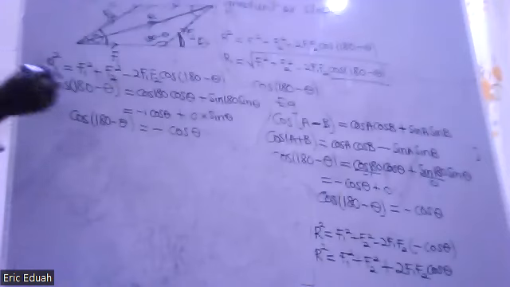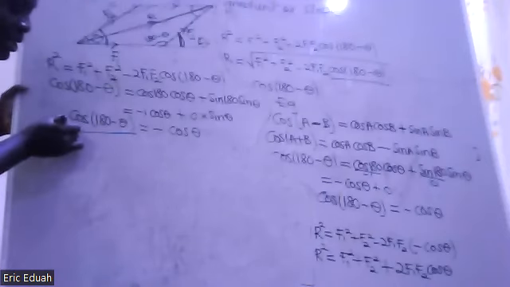Abafala, are you okay? Yes, please. Good. Meaning that what cos 180 minus theta will do, negative cos theta will do the same thing. So in place of cos 180 minus theta, we are going to put negative cos theta.